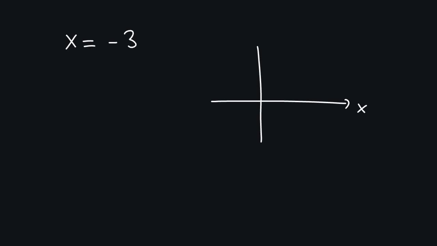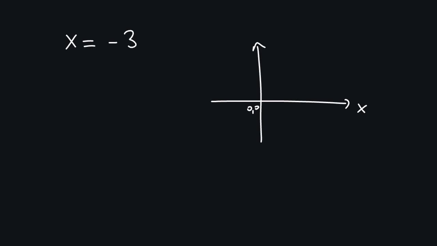So let's say I have an equation x equals negative 3. That kind of equation means x equals negative 3 for all the values of y. Again, it's only possible when you have a straight line which is vertical and normal to the x-axis.